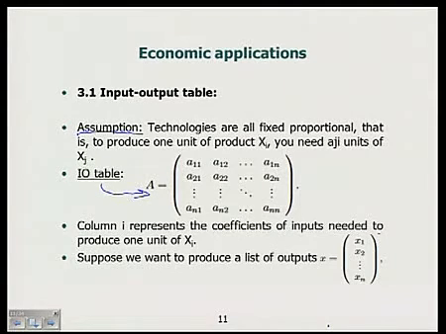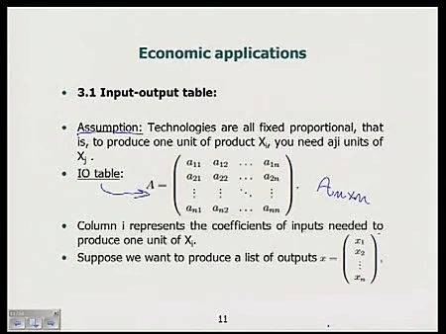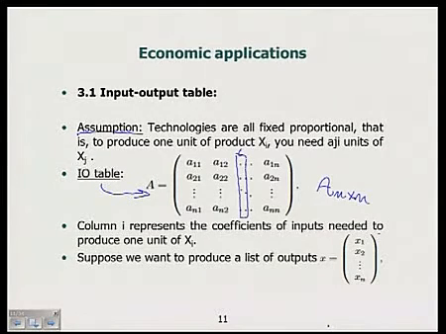This is a very easy n by n matrix, a square matrix: A11, A12, A1n, and A21, A22, A2n, and until An1, An2, Ann. Column e represents the coefficients of inputs needed to produce 1 unit of capital Xe. Somewhere here there is a column e with A1e, A2e, Ane.